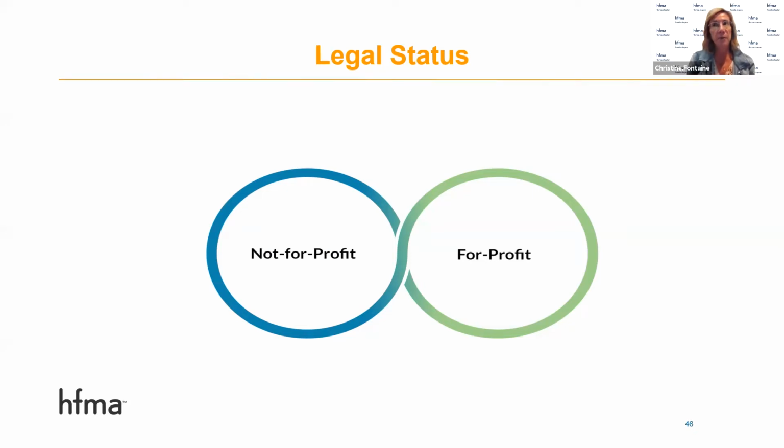They are exempt from federal income tax. They can obtain equity capital only through gifts and donations. A for-profit entity does not enjoy the same tax advantage. Donations are not tax deductible. However, they can raise capital through the sale of stock.